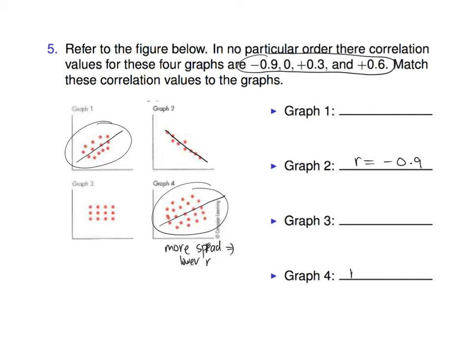So graph 4, the r is 0.3, and graph 1, the r is 0.6. And then graph 3, well, slope 0. That one is r equals 0. Knowing something about x doesn't change anything. Like if I know this x, this is my y. If I know this x, my y, you get no information about y by knowing x.